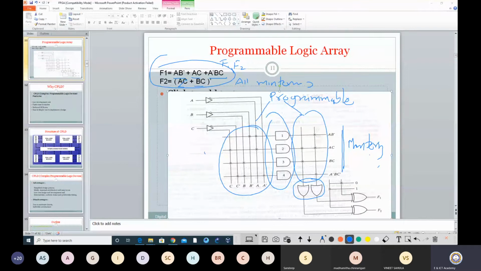So according to this logic, this bar suggests that this is A bar, this is A, this is B bar, this is B, this is C bar, this is C. As F1 and F2 have 3 variables, both are functions of ABC only. So I have taken ABC in original form and complement form.